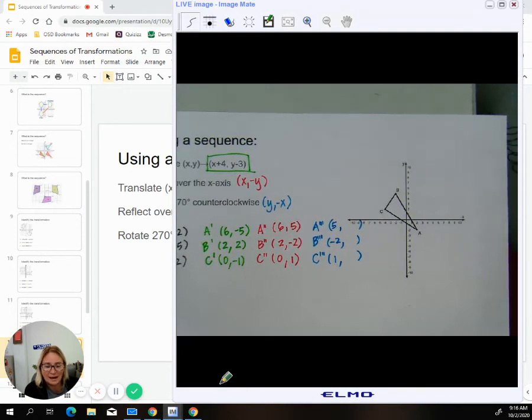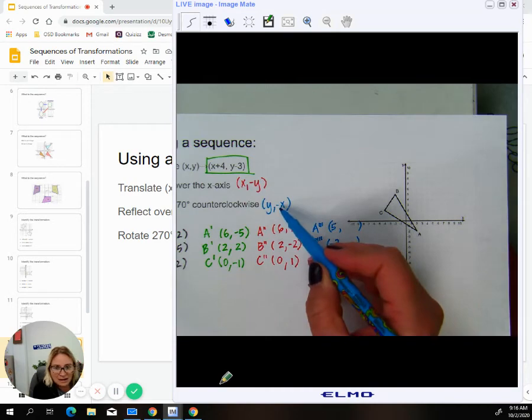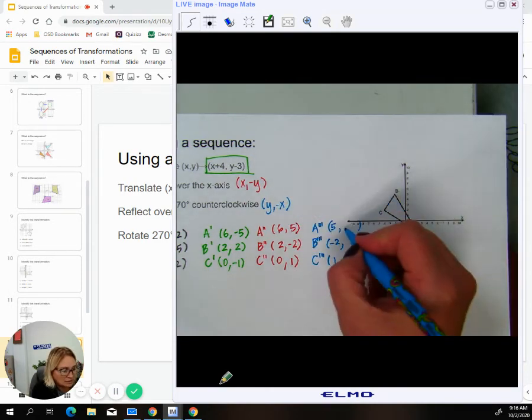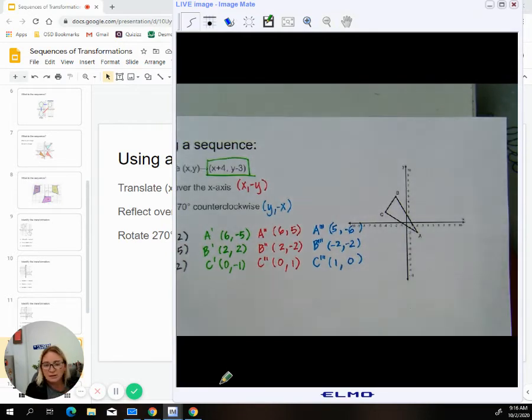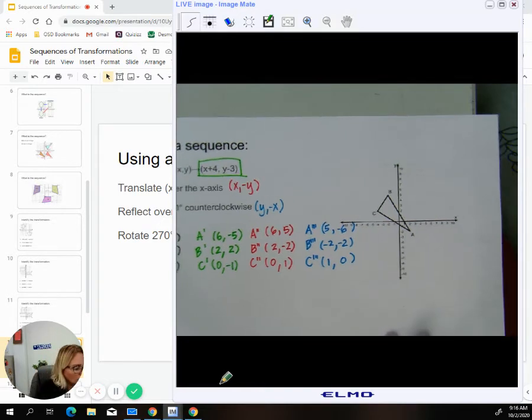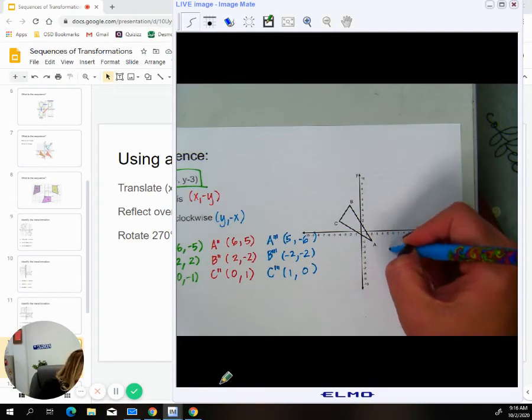Take your y, now they're your x. And now I'm going to look at my x values and make them all the opposite signs. So this one would become a negative 6, a negative 2. 0 stays 0. We don't have a negative 0. It's just 0. So my new figure would be 5, negative 6.